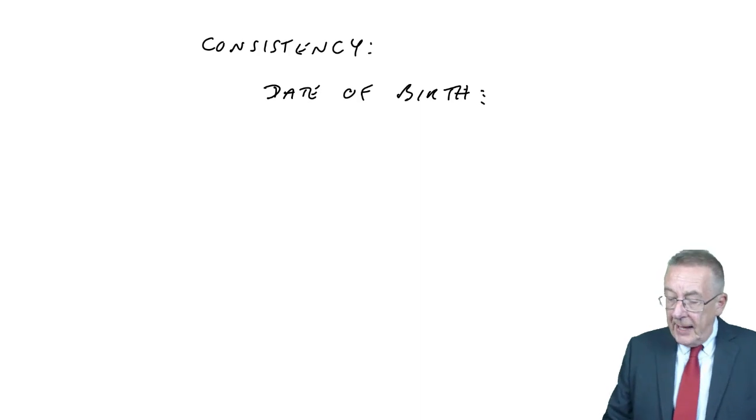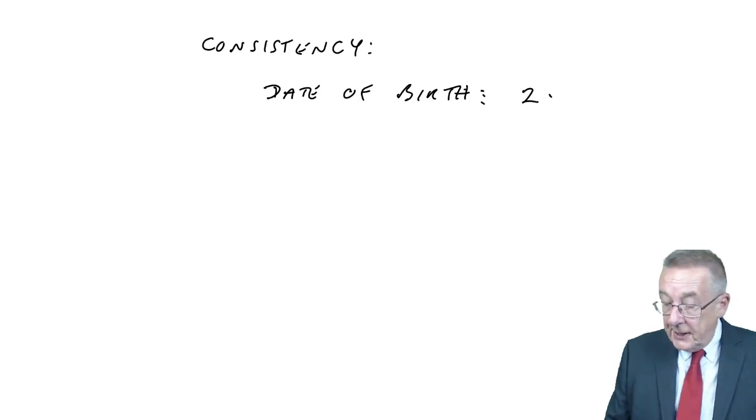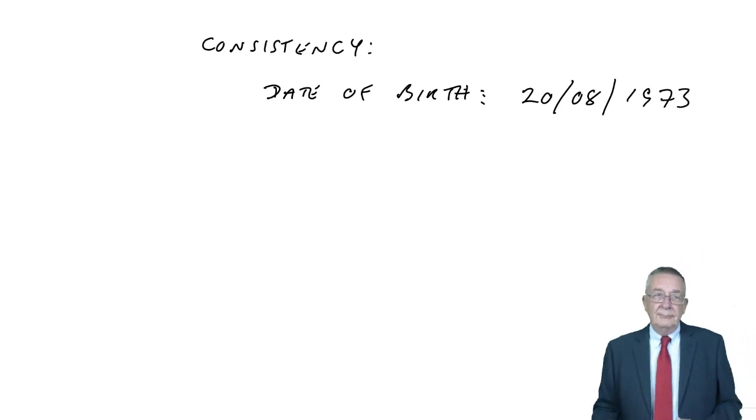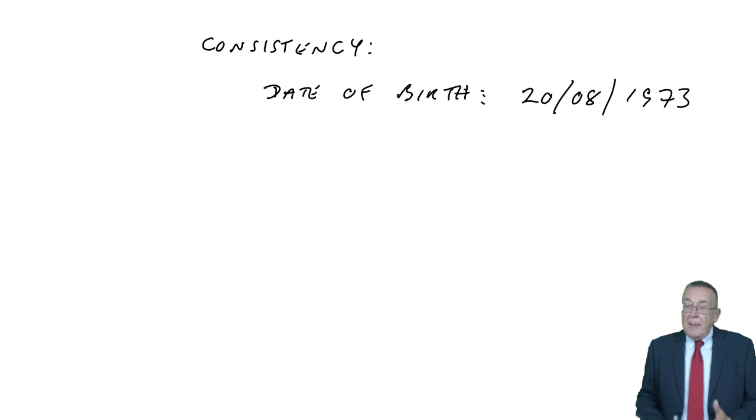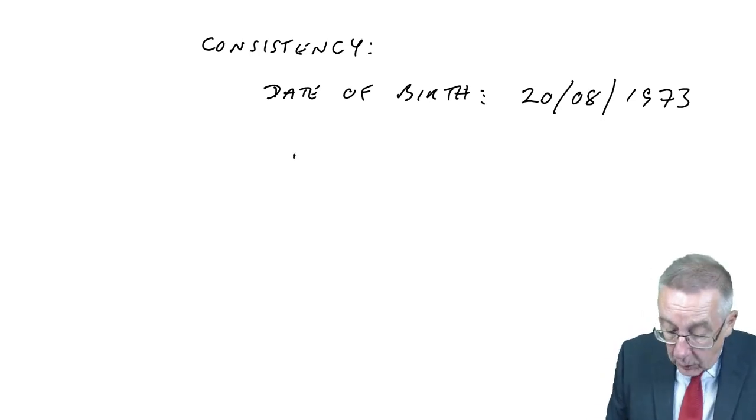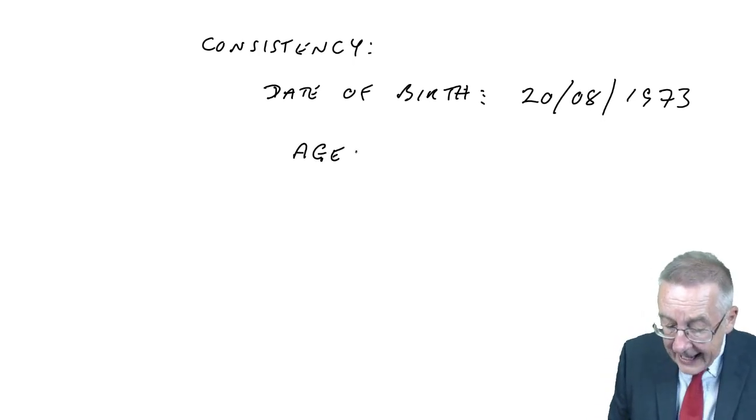The date of birth, maybe somebody's born on 20th of August 1973. Now, maybe for some reason it is critical we get the date of birth correct. And of course, it could have been mistyped. Maybe it was 1983, not 73. And so, maybe have another requirement that they have to type in age.